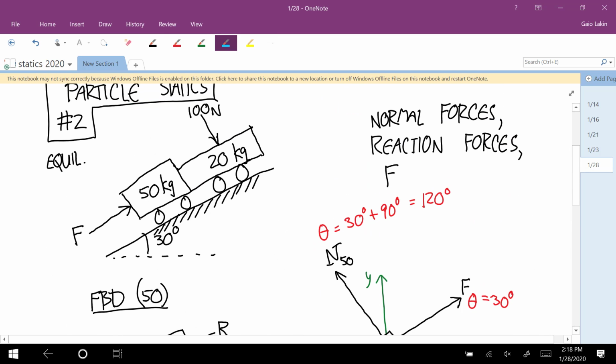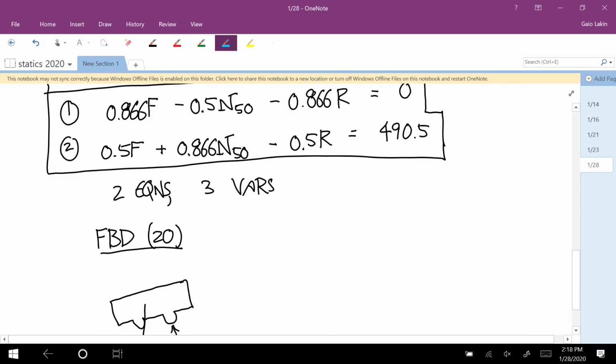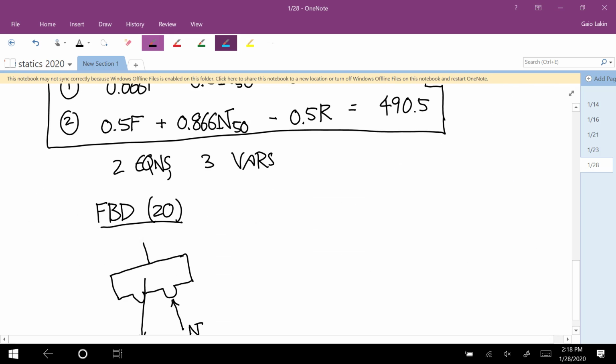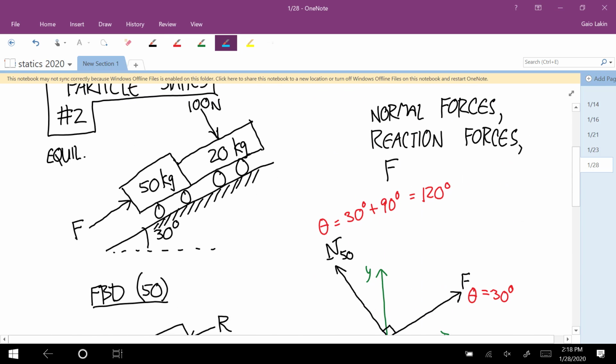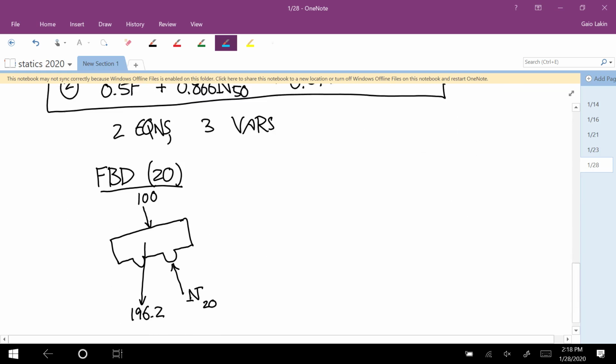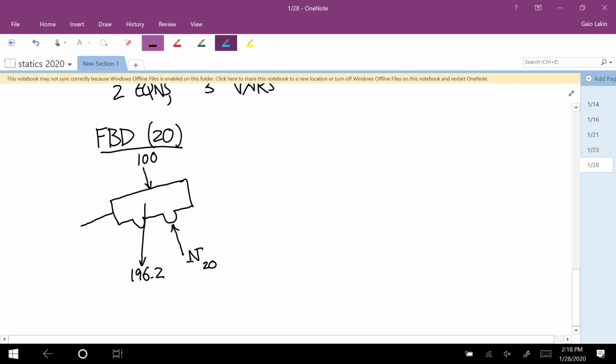And there's nothing acting on the right side. There's 100 newtons pushing down perpendicular to the top. And then the only other thing is the contact force that's applied to the 20 by the 50. So that's this way, and that has a magnitude of R. Okay, and that's it for the second one.